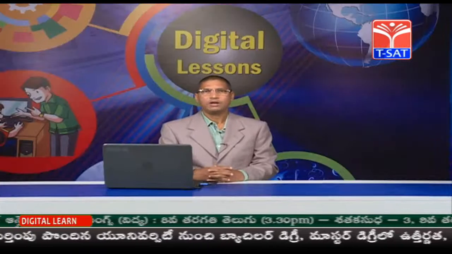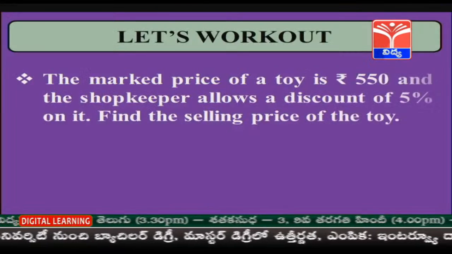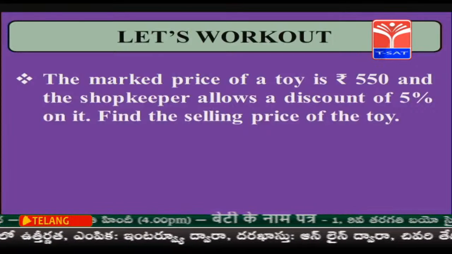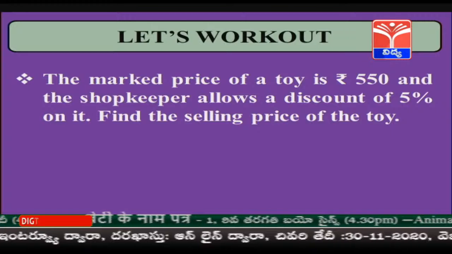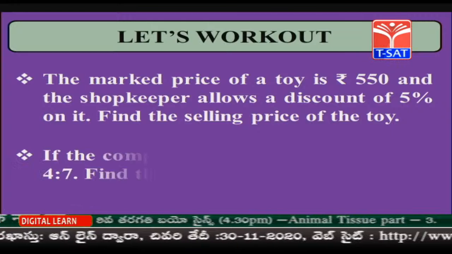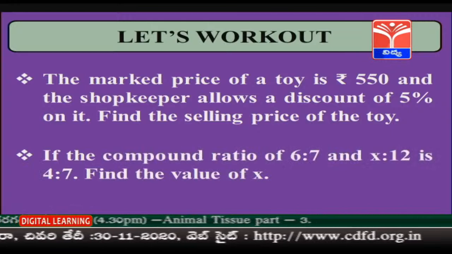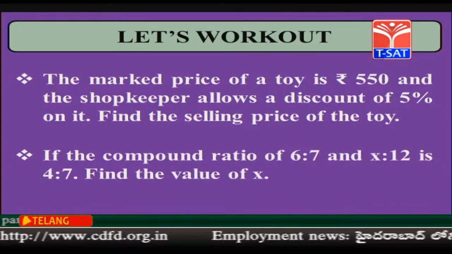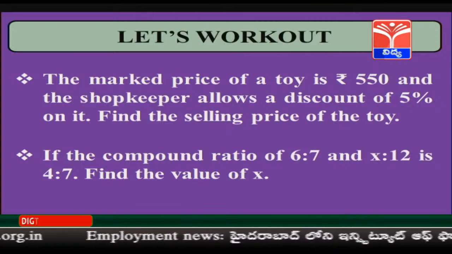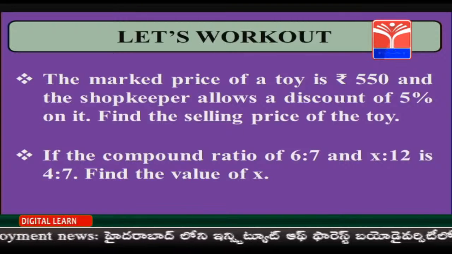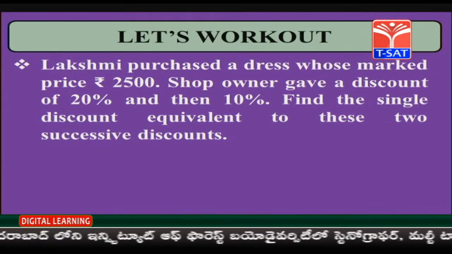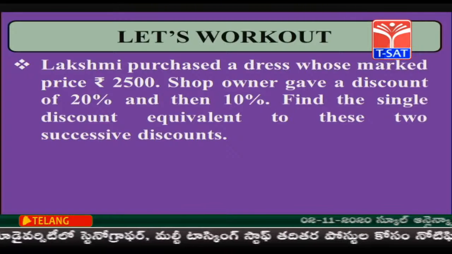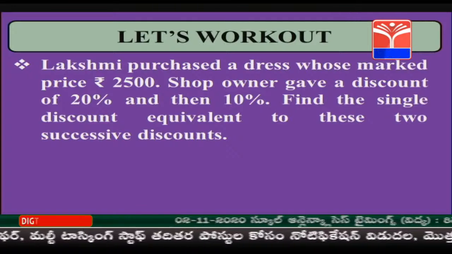Now, children, let us solve some problems. The mark price of a toy is 550 rupees and the shopkeeper allows a discount of 5% on it. Find the selling price of the toy. The second problem is, if the compound ratio of 6:7 and x:12 is 4:7, find the value of x. The third problem is, Lakshmi purchased a dress whose mark price is 2,500 rupees.